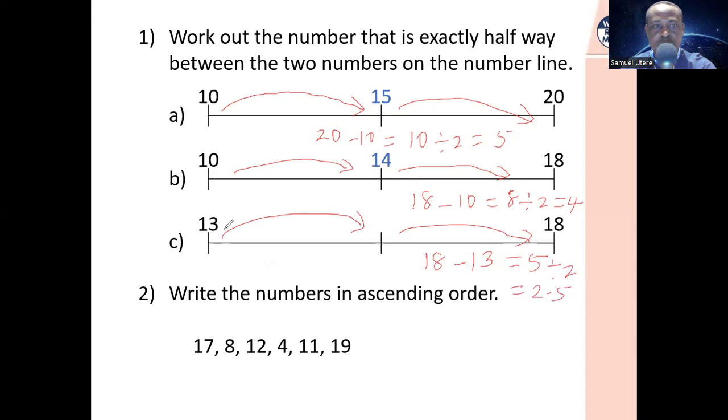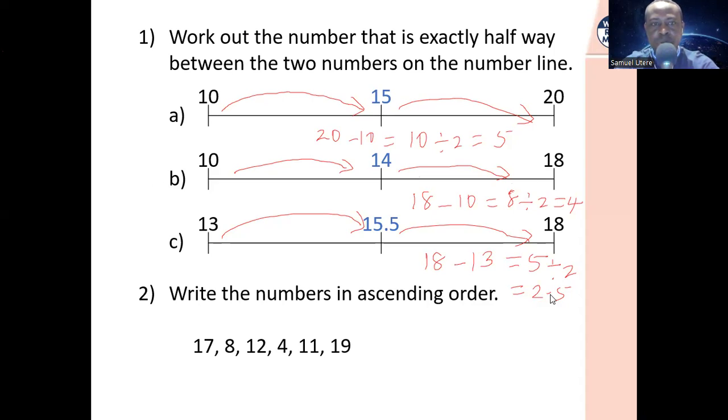So it means 13 plus 2.5 will give us the value here. And you can see that halfway between 13 and 18 will be 15.5 because 13 plus 2.5 will give us 15.5. I want you to take note of this because we're going to use the same idea during this lesson at some point in time.